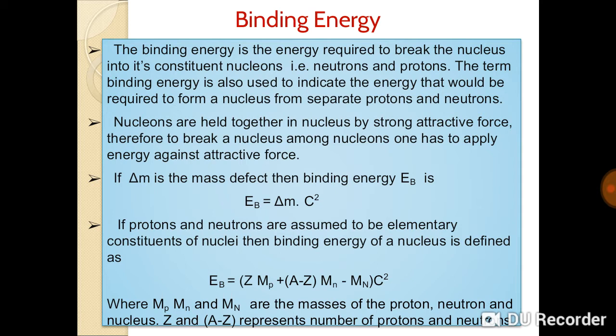If protons and neutrons are assumed to be the elementary constituents of the nuclei, then binding energy of a nucleus is defined as E_B = [Z Mp + (A minus Z) Mn minus M_N] c square, where Mp is the mass of proton, small Mn is the mass of neutron and capital M_N is the mass of nucleus. Here Z and A minus Z represent the number of protons and neutrons.